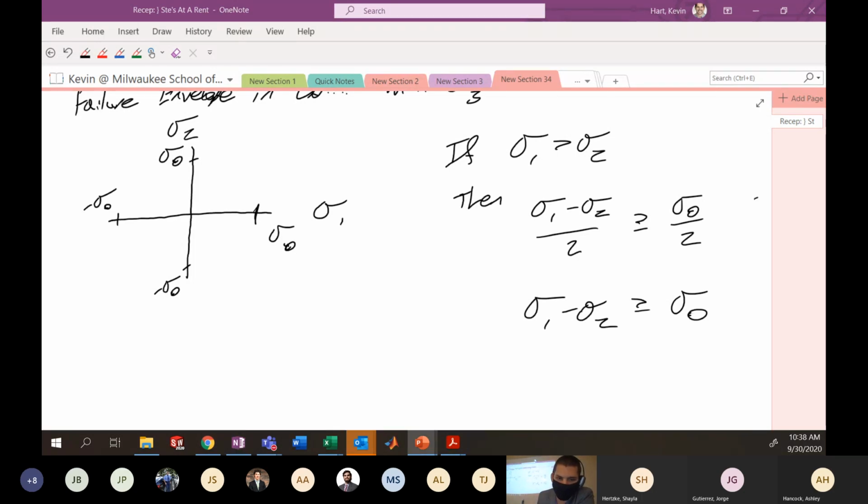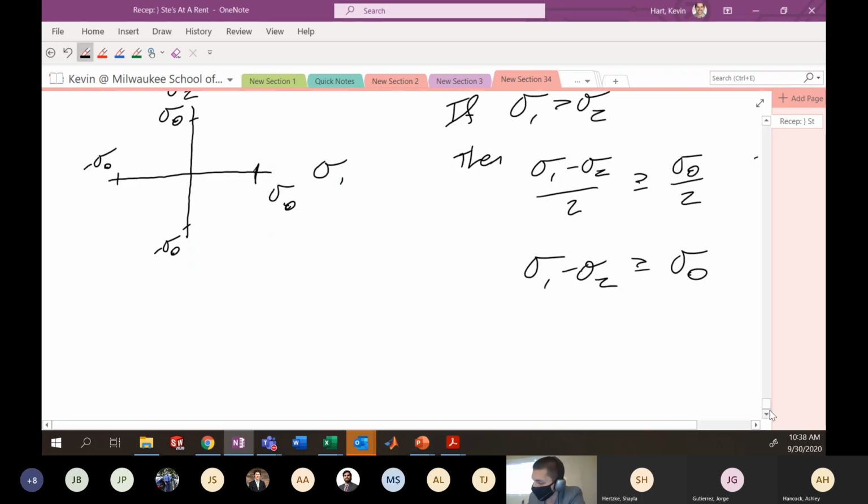So sigma 1 minus sigma 2 greater than or equal to sigma 0, that would be a condition for failure. Could sort of rearrange this if you would like as, you know, slope intercept form.